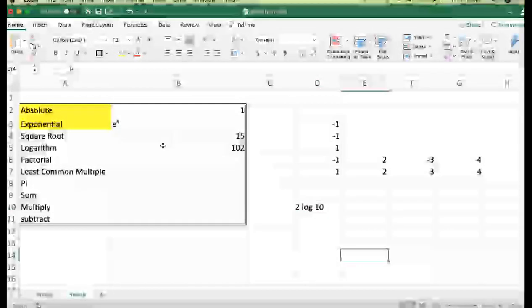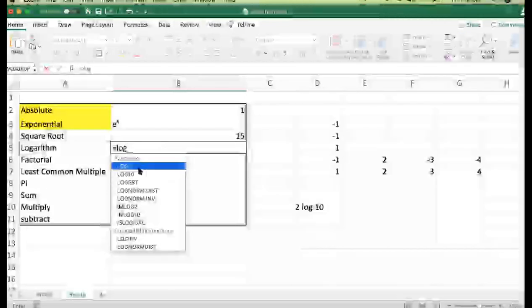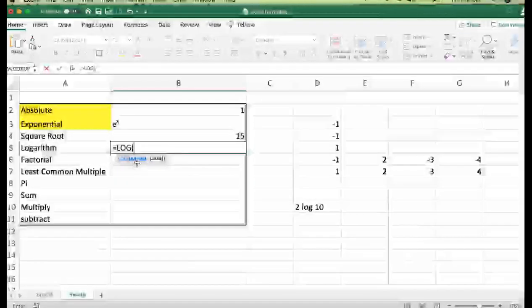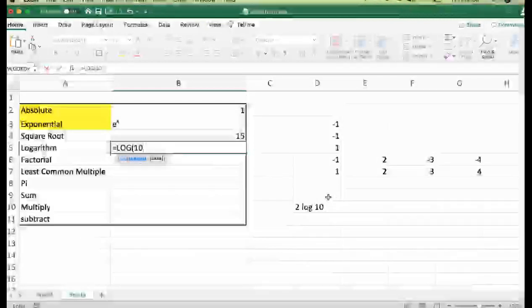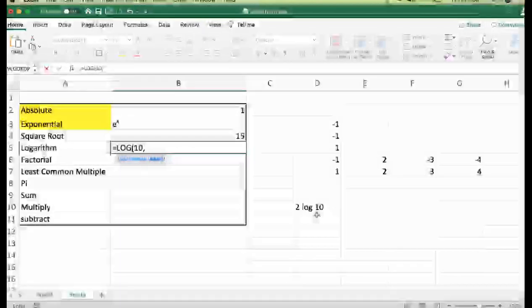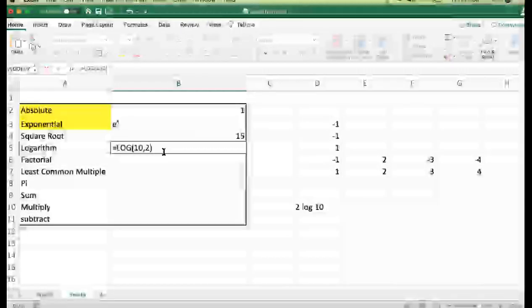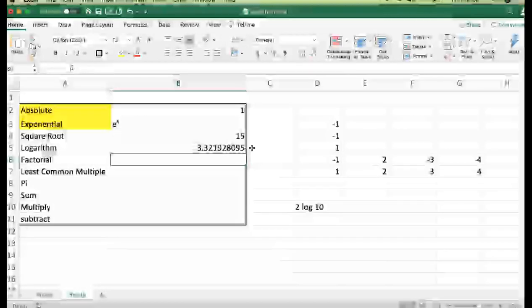So in this way, when you apply the formula log, it asks for the number. Suppose the number is 10. Over here, this is the number, and it asks for the base as well, that is your power, that is 2. So you have to mention these two things when you apply the formula in Excel for finding the log. So that is 3.3219 something.